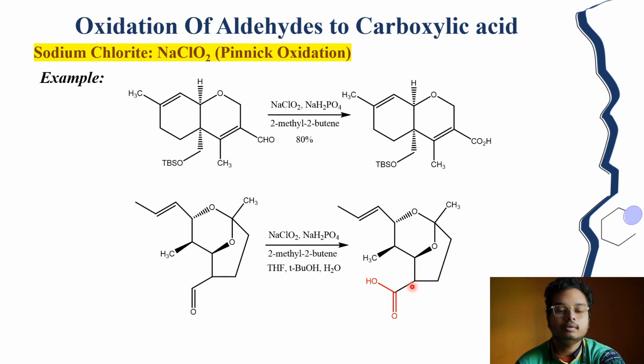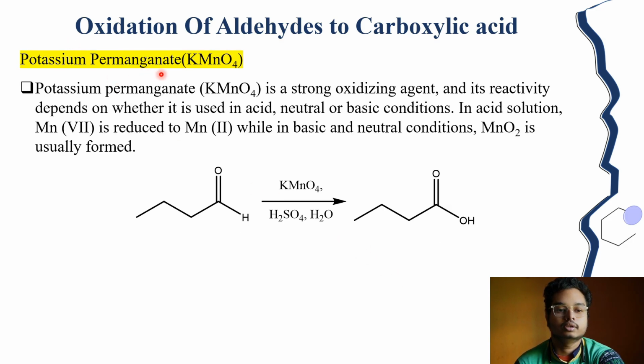Okay. Now let's talk about another reagent, KMnO4, potassium permanganate. Potassium permanganate is a strong oxidizing agent and its reactivity depends on whether it is used in acid, neutral or basic condition.